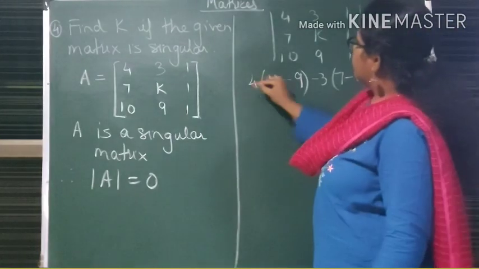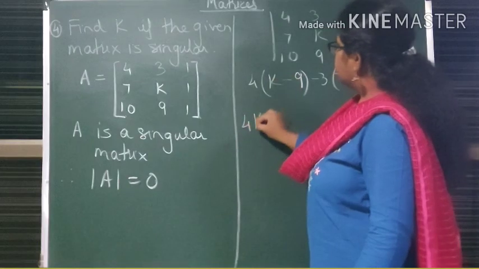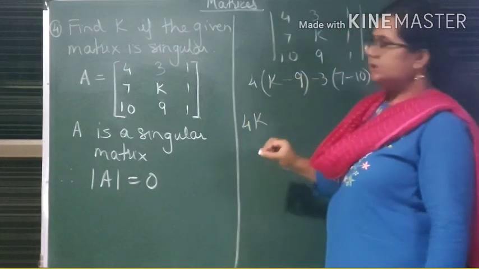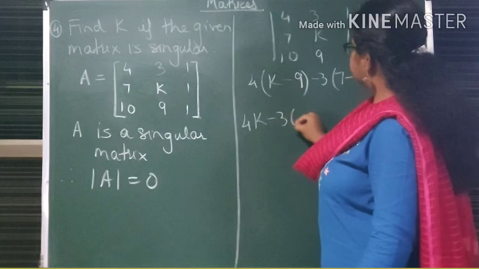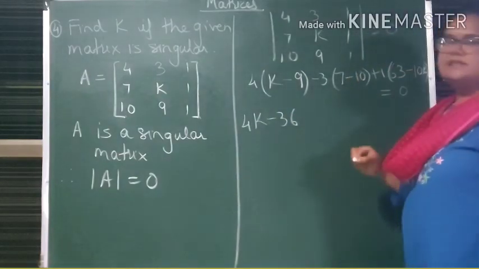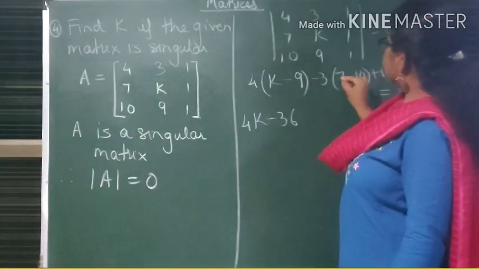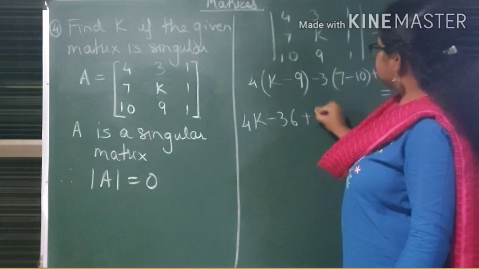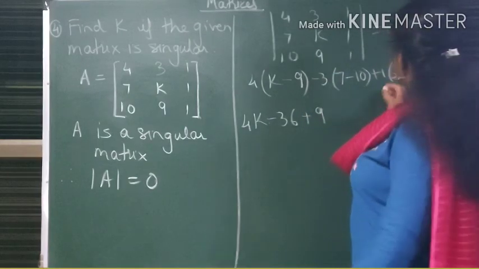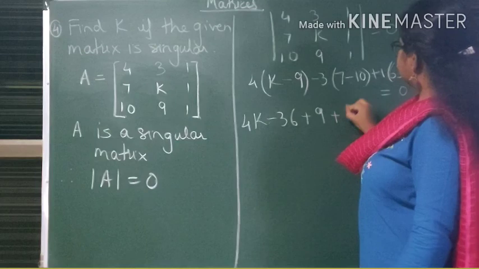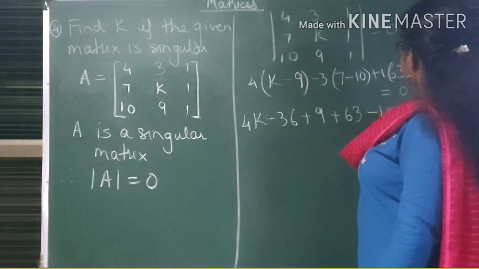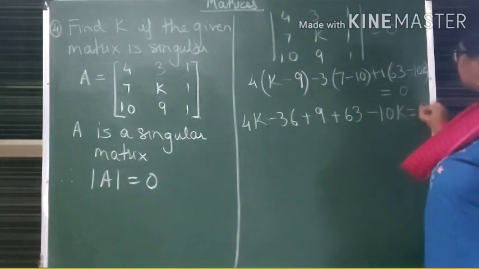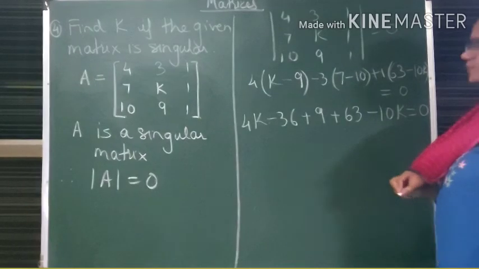Now 4 into K is 4K. 4 into 9 is minus 36. 7 minus 10 is minus 3 and minus 3 into minus 3 is plus 9. Okay. Then this becomes plus 63 minus 10K is equal to 0.